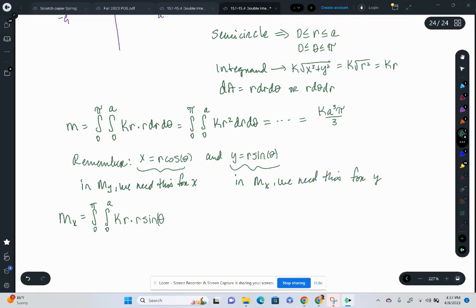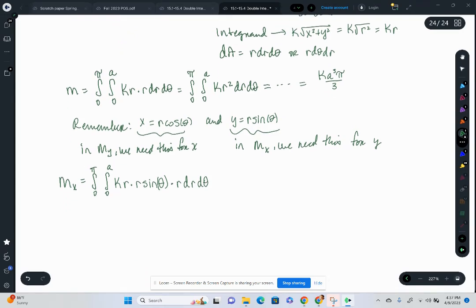And then we have our differential dA, which is r dr d theta. So there's a lot of r's in there, and it's really easy to lose one of them or suddenly end up with too many. If you have 3 r's showing up, it's r cubed. So let's just rewrite this with the integral from 0 to pi, the integral from 0 to a of kr cubed sine of theta dr d theta.